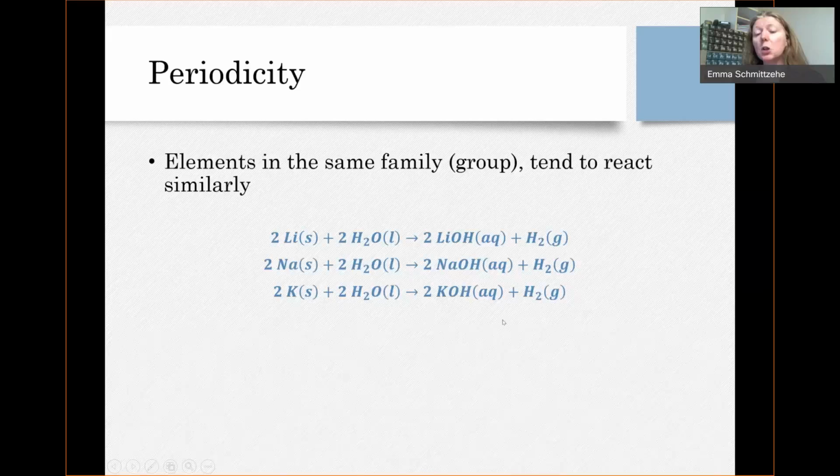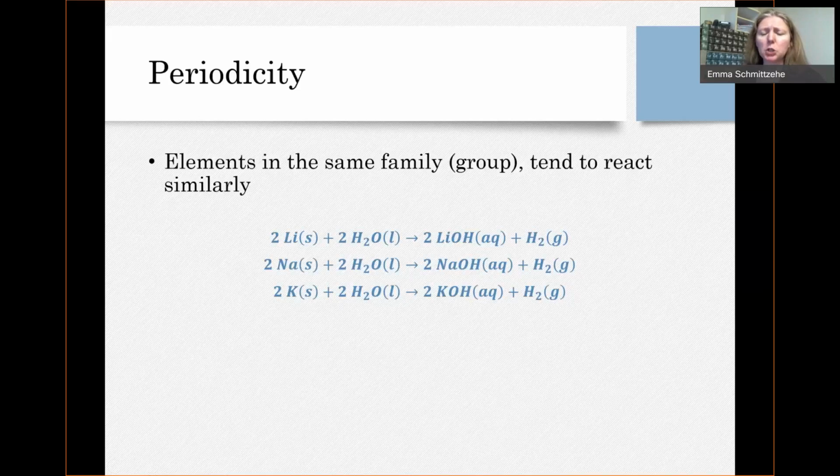Okay. And so if you know how one element in a group or in a family reacts with something, it's very likely that the other things in that group react the same way. Okay, at least for main group elements or representative elements of the same type.